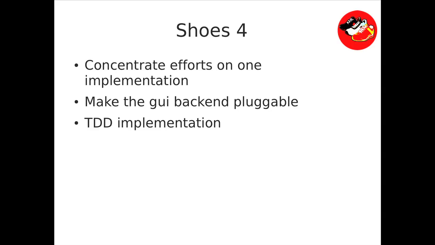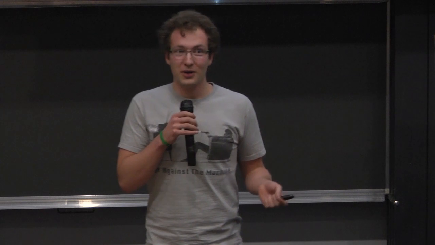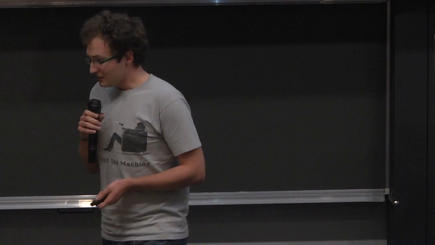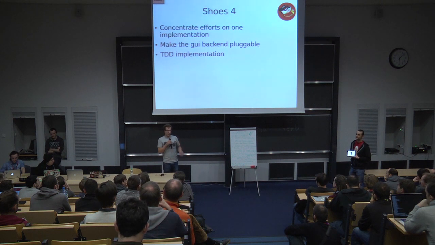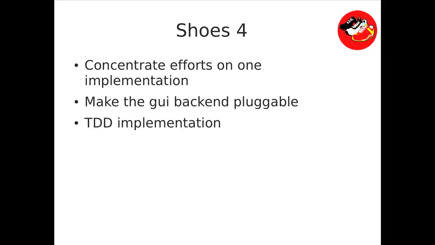We're working on Shoes 4 because people are always confused. There are so many different colors of Shoes. Which should I use? For now, we use Red Shoes. That's the one you can officially download. But we are working on a new one, Shoes 4, where we try to get all the implementers together, to pull on one string. We made the backend pluggable, so we can have multiple backends in the future, and we're implementing it TDD style.